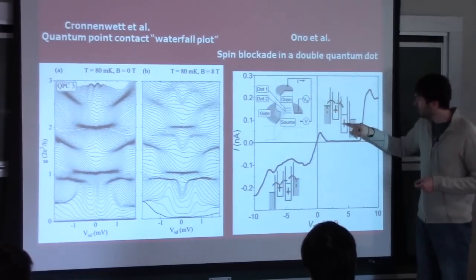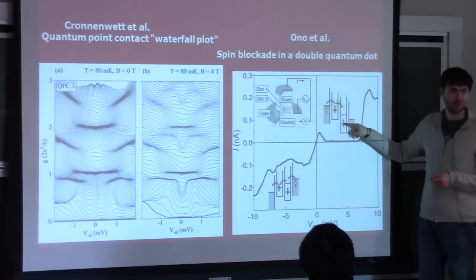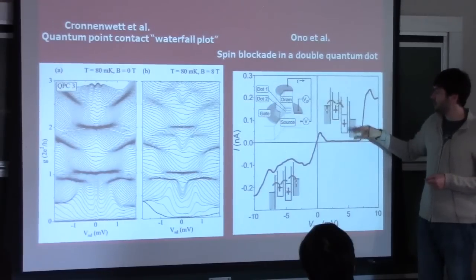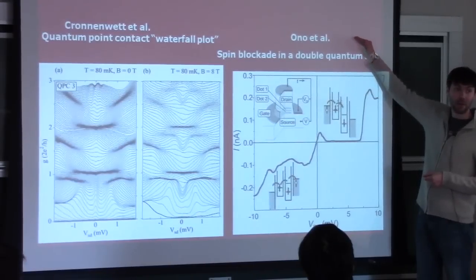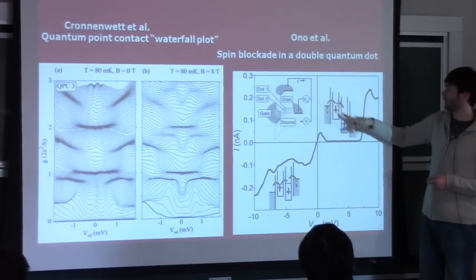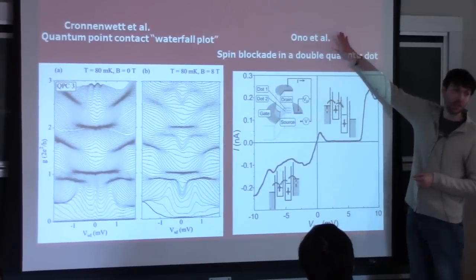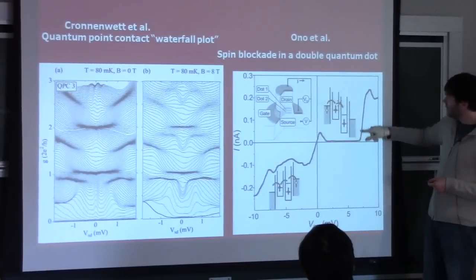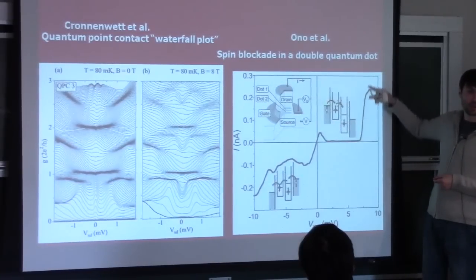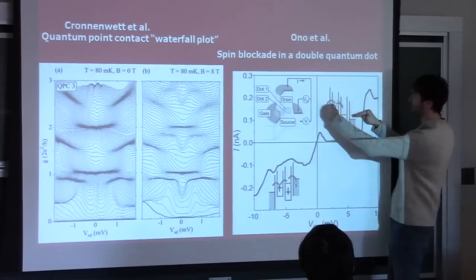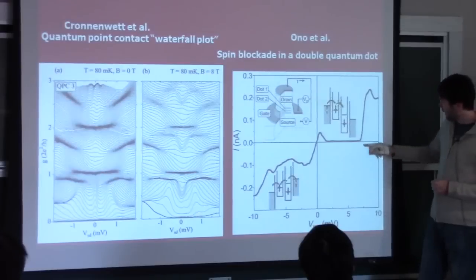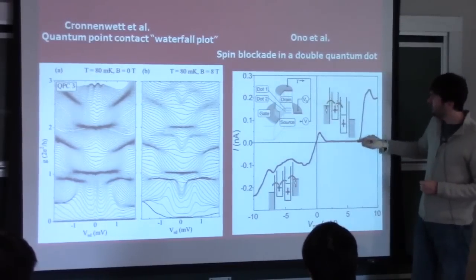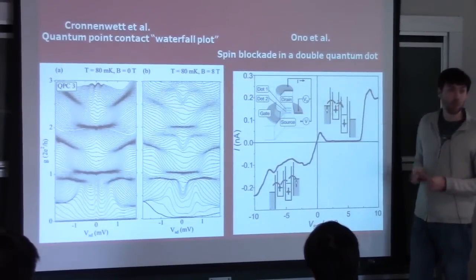So this electron is not allowed to go to this level because both have the same spin. And the higher level, where it's allowed to go, is way far out of reach for this bias. So if we give it more energy, it will go. And this is what happens here. Finally, the current is allowed, because we applied more bias and we reached a higher level. But here, this transport is blocked because of this triplet state forming.